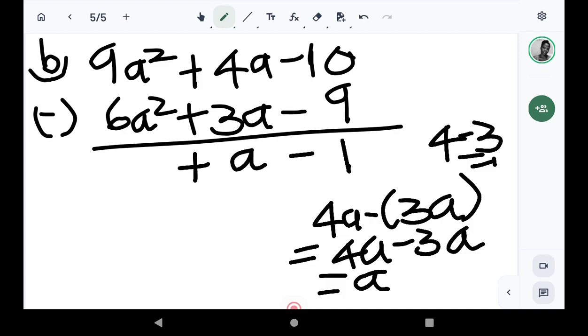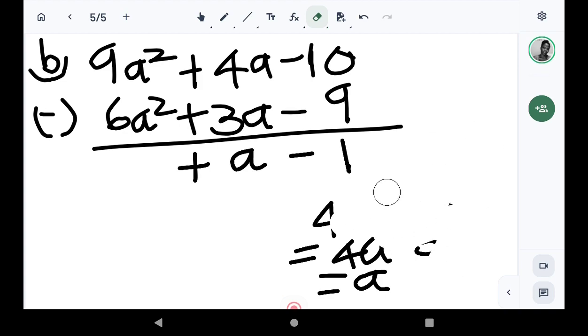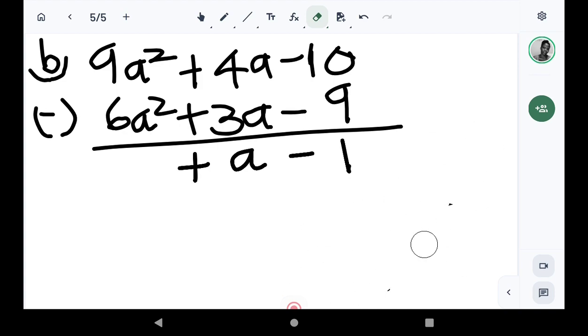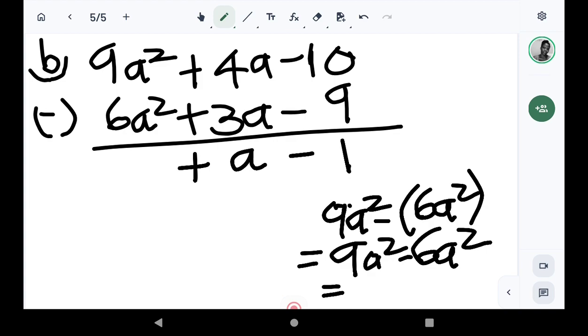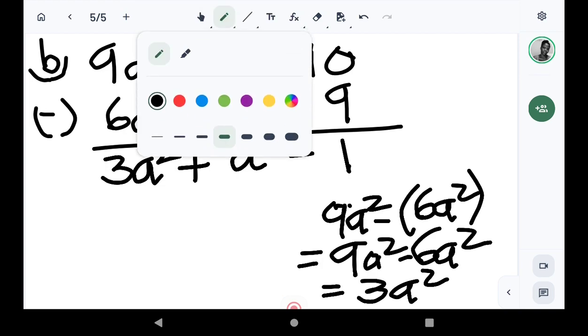Next one. 9a squared minus positive 6a squared. That is equals to 9a squared minus 6a squared. 9 minus 6 is 3, so that is 3a squared, and that is your answer there.